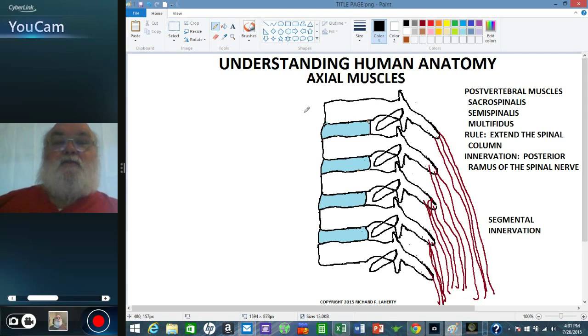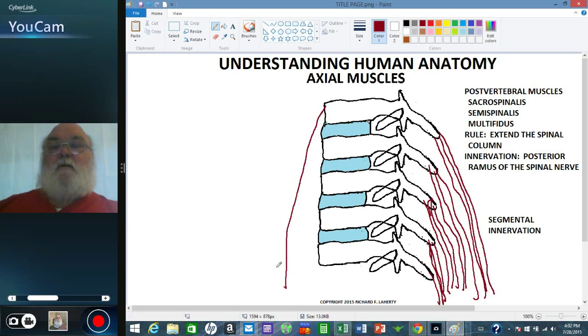Let's look at the anterior side. There are muscles on the anterior side, and again they can attach to the pedicles, to the transverse processes, or to the body. Just to keep the diagram simple, I'm going to draw them in attaching to the body, or the bodies of our short amount of vertebra here.